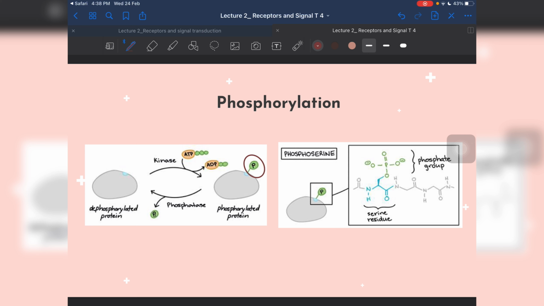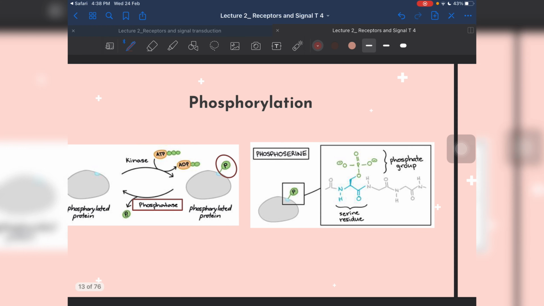The transfer of the phosphate group is catalyzed by kinase enzymes. In general, phosphorylation is not permanent. We can flip the proteins back to their non-phosphorylated state through an enzyme called phosphatase. It's a familiar name because we heard it before, the tyrosine phosphatases, right? Alright, done with that part.